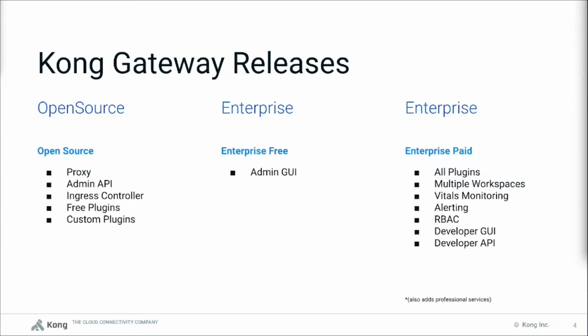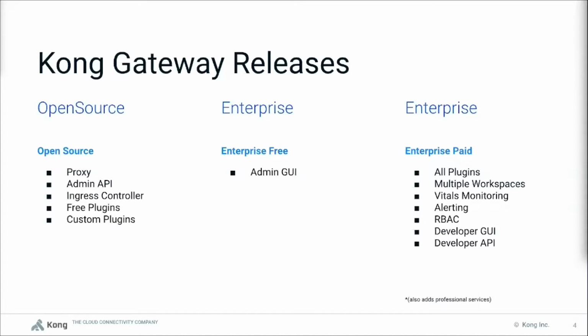RBAC, that is when you get to start segmenting the administrators and the developer teams that have access to Kong Gateway for configuring it, whether or not they're using Kubernetes objects, YAML applied to the Kube API, or whether they are calling the Admin API directly.